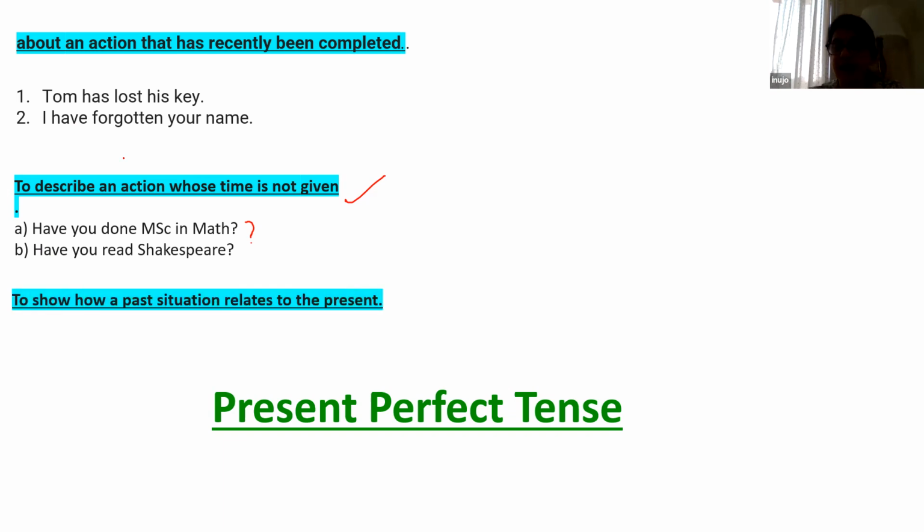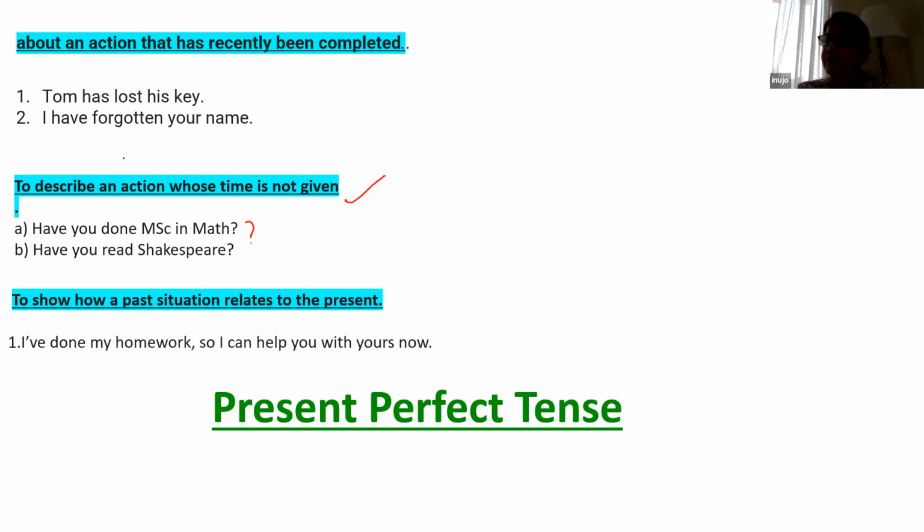So, to show a past situation which relates to the present. The event is from the past but its relationship is in the present. How? I've done my homework so I can help you with yours now.